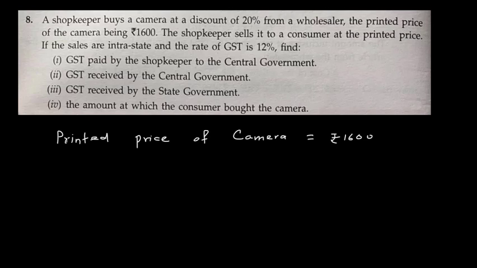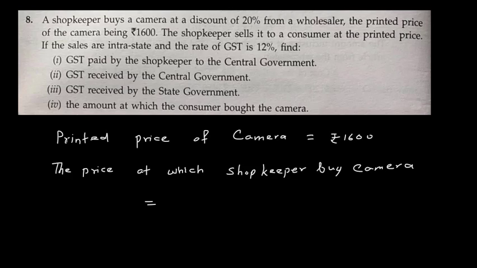So the price at which the shopkeeper buys the camera at 20% discount, that means 1 minus 20 divided by 100 into 1600. Now what I have done, actually, I have subtracted the discount amount from this 1600.